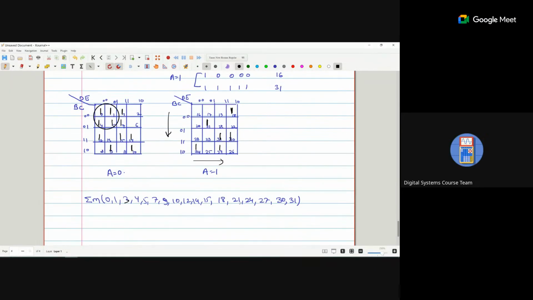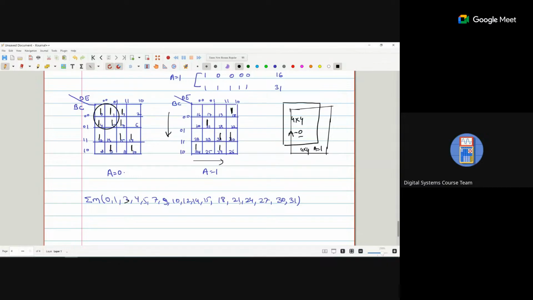So in the 5 variable case, we are considering a 3-dimension K-map. A 3-dimension K-map is one K-map of 4 cross 4, where the value of A is 0, and a second K-map that overlaps with the previous K-map. That is again a dimension of 4 cross 4, but the value of A is 1.